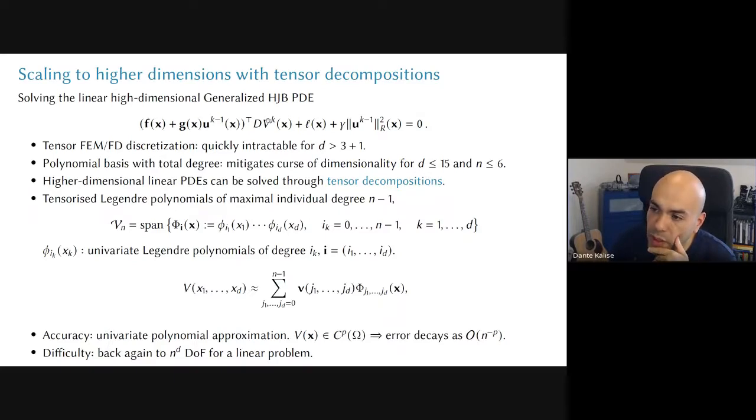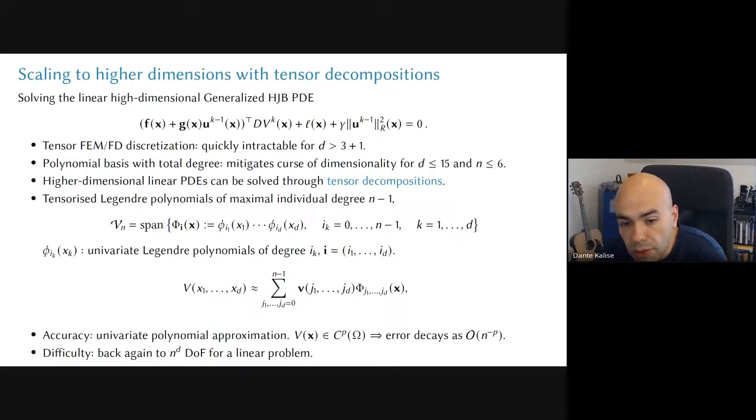For the gradient of V, given U, given L, given F, given G, I just want to find the gradient of V here. And I have, again, the same problem. If I do finite differences, I'm not going to be able to solve this in that many dimensions.